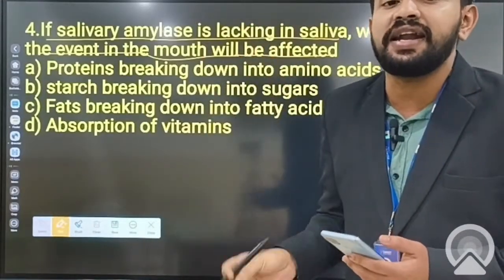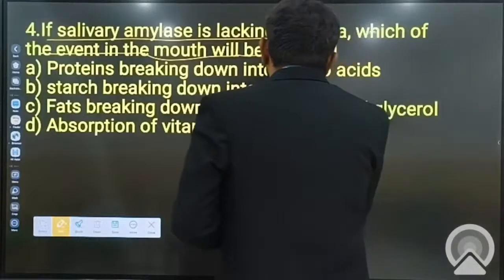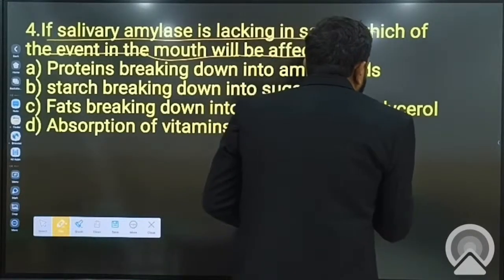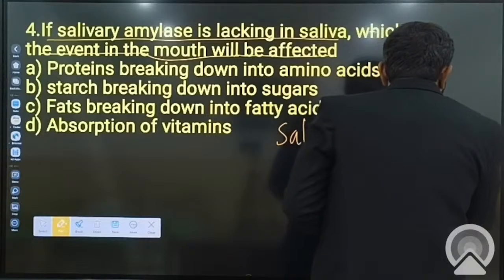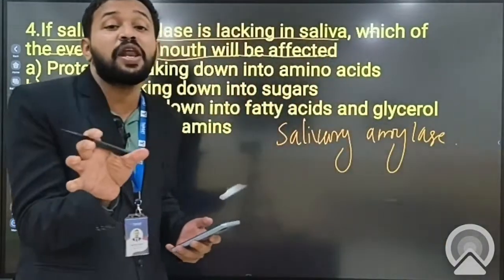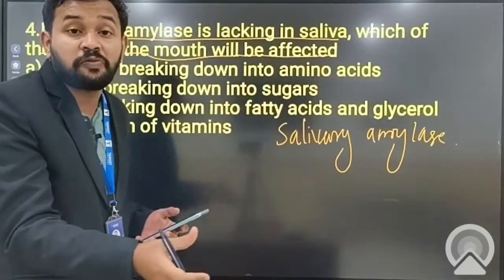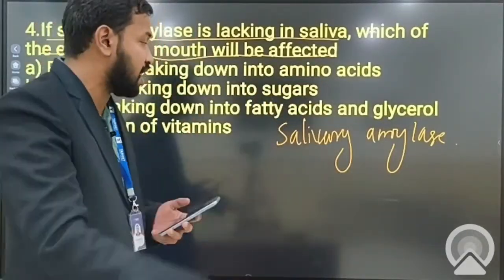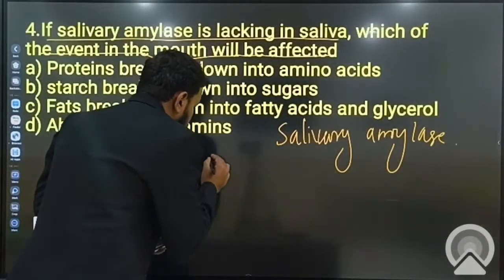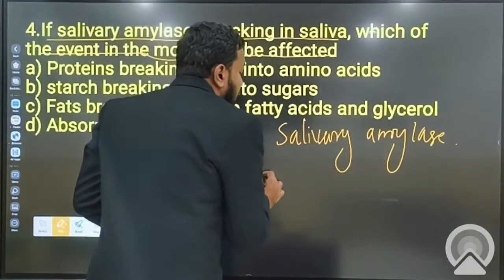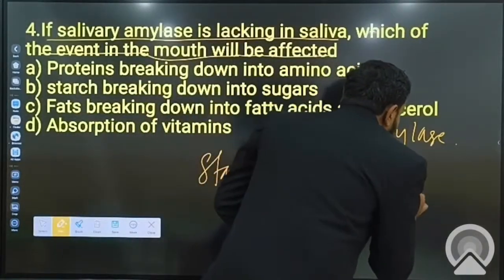The saliva contains the digestive enzyme salivary amylase. If the salivary amylase is absent, what will happen? First, we can discuss the function of salivary amylase. Salivary amylase digests starch into simple sugars.